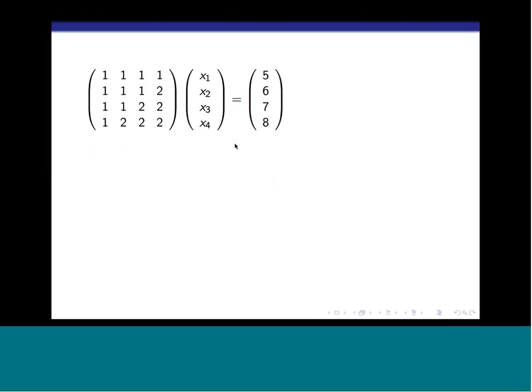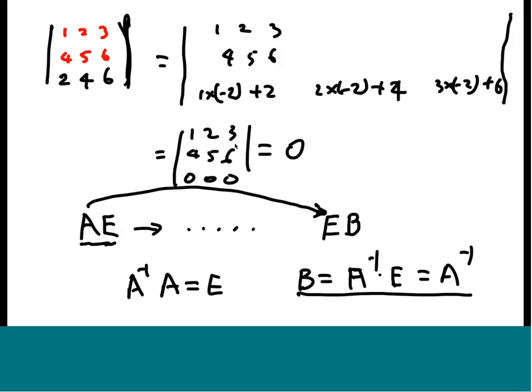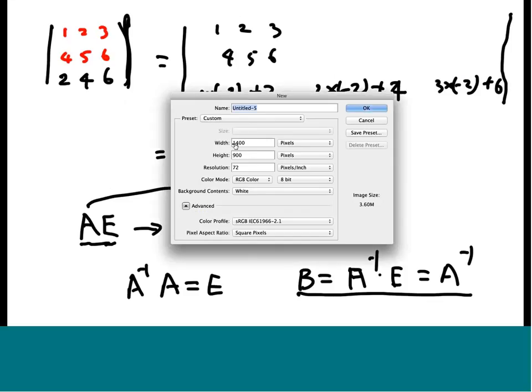Okay. This is just like when we learn a very, very elementary thing like 3x equals 5, that equation. How do you solve it? Then x equals 3 inverse times 5. Okay, that's the solution.